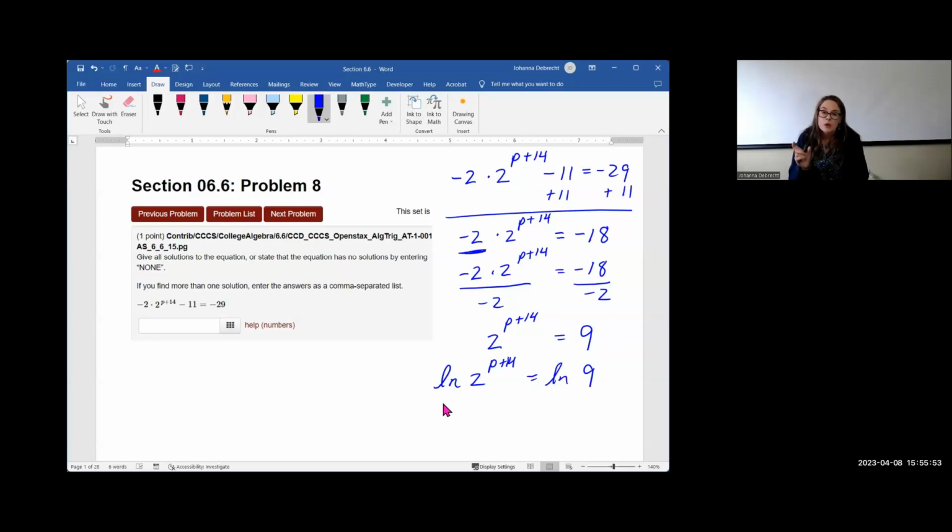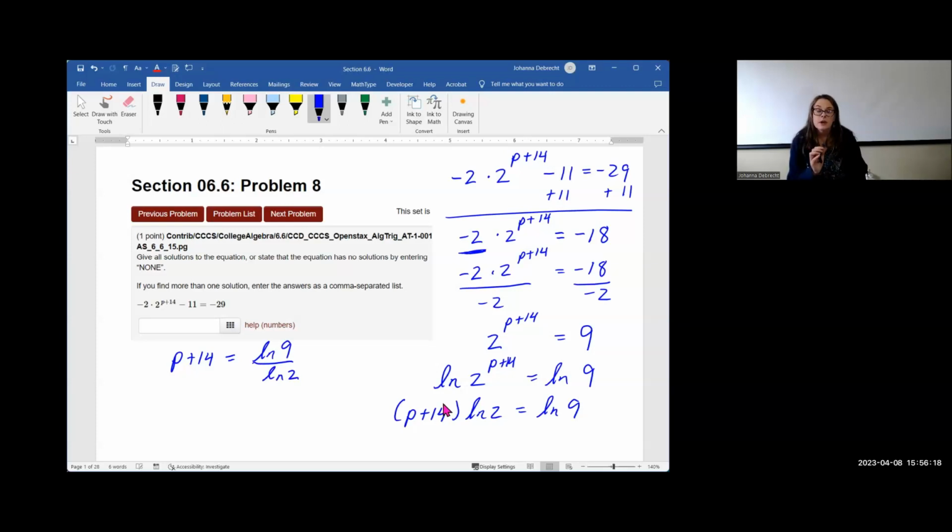Use the power property for logarithms to pull the p plus 14 as a factor to the front, multiplied by the natural log of 2. Then we want to divide both sides by the natural log of 2 so that I can isolate my p plus 14 to become the natural log of 9 over the natural log of 2.